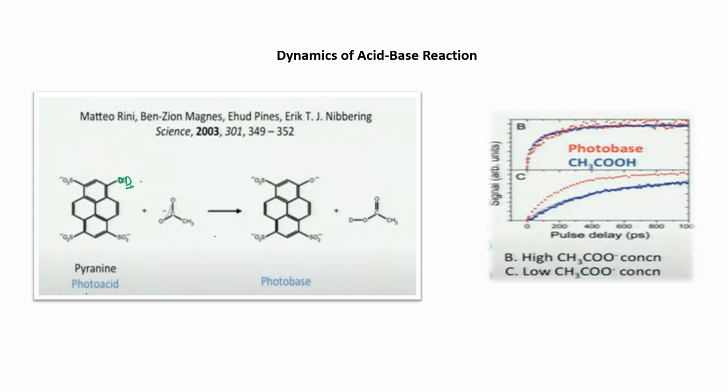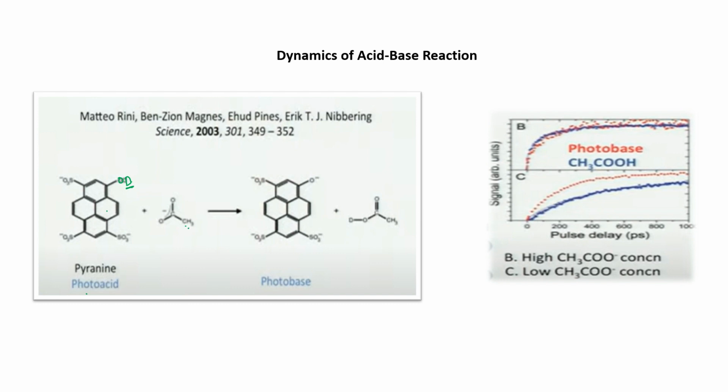Okay, when you study this whole process, you will notice that as a function of time, on incidenting, when the system absorbs a certain amount of light of a particular range, then you will see that slowly this O and this A separates from D, and therefore this photoacid dissociates.